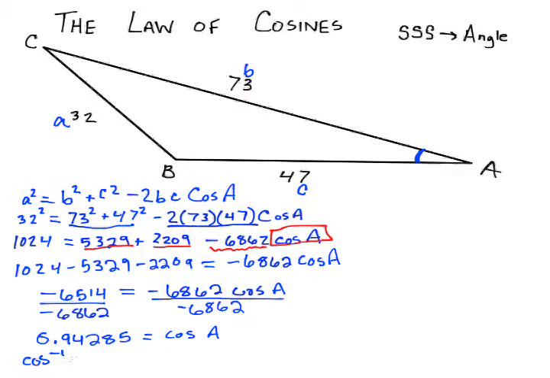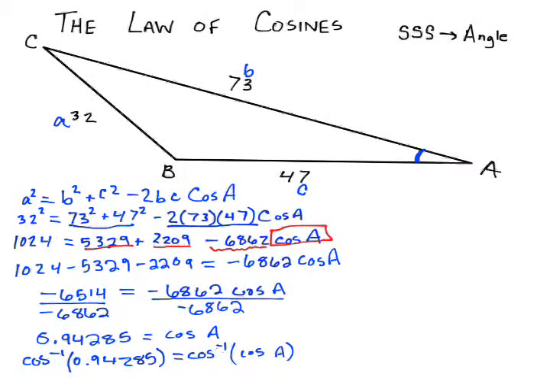Now this is a place where you're going to want to use the previous answer key on your calculator so that you don't type this in, because this is not the whole part of my answer that I got when I did this division. So we're going to do the inverse cosine of 0.94285, and that's equal to the inverse cosine of the cosine of A. Well, the inverse cosine and the cosine cancel each other out.